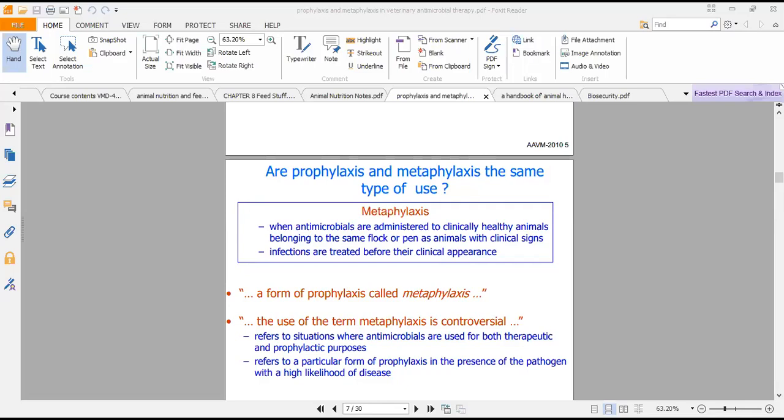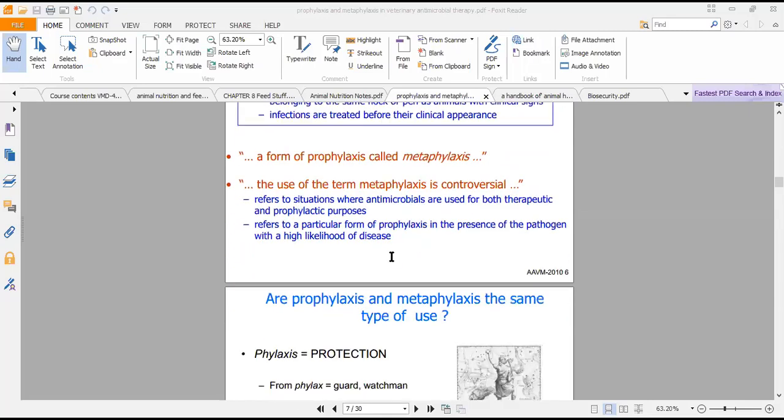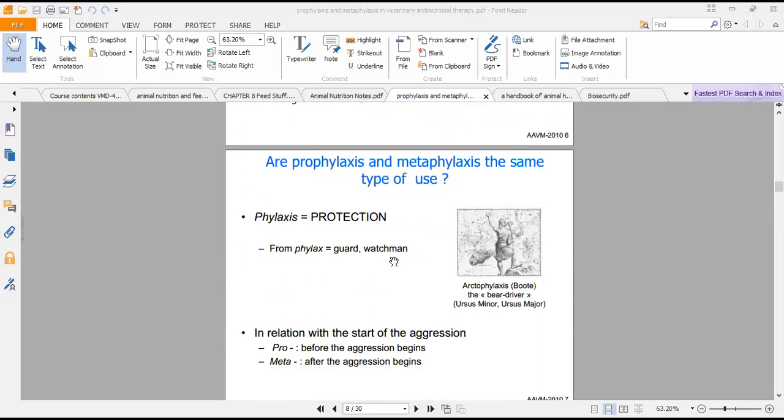The terminology refers to the situation where antimicrobials are used for both therapeutic and prophylactic purposes. So it's a particular form of prophylaxis in the presence of the pathogen with a high likelihood of disease. Before the clinical appearance of the disease, when we use these antibiotics, this use is known as metaphylaxis.